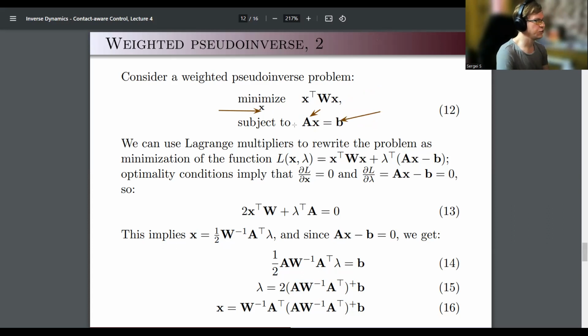It's very normal for least squares, but it is not something that we care about in inverse dynamics. So it would have a residual, and then we would ask to minimize this guy here while minimizing the residual at the same time.